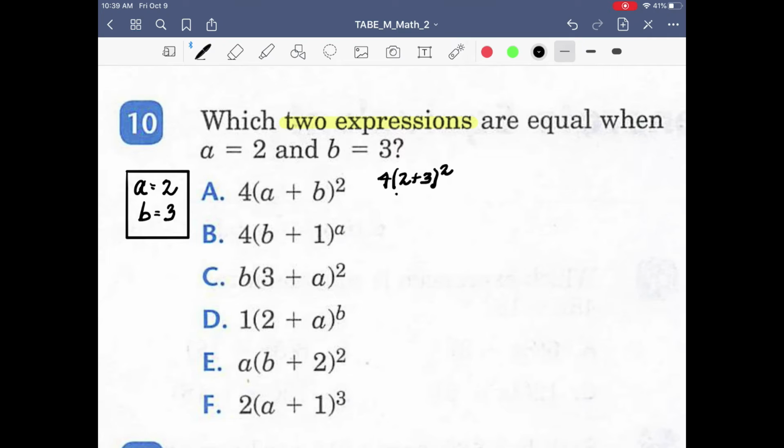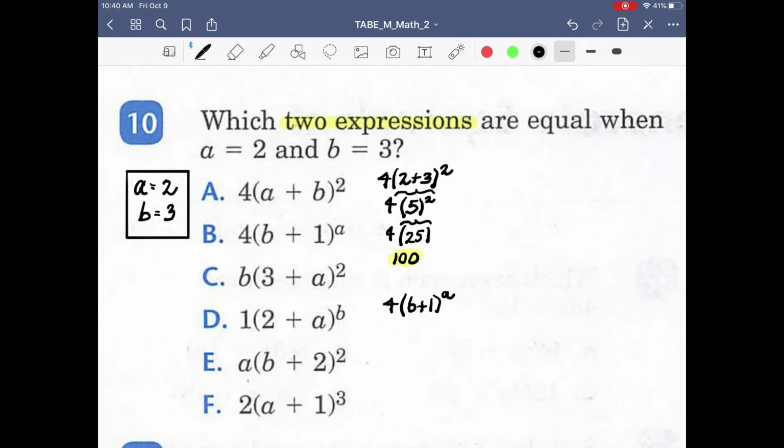2 plus 3 is 5. 5 to the second power is 25. And 4 times 25 is 100. So the value of this first expression is 100. Then I have 4 times b plus 1 to the a power.